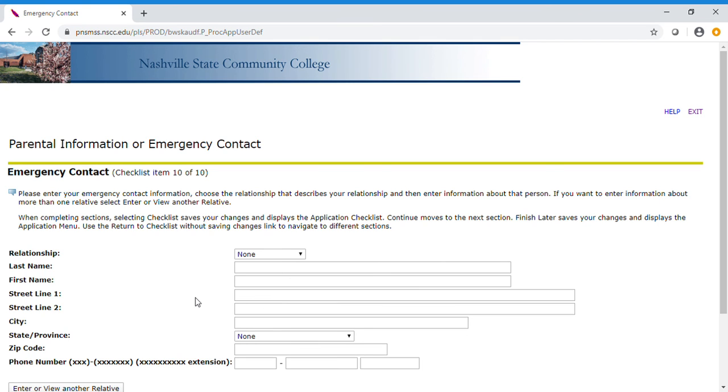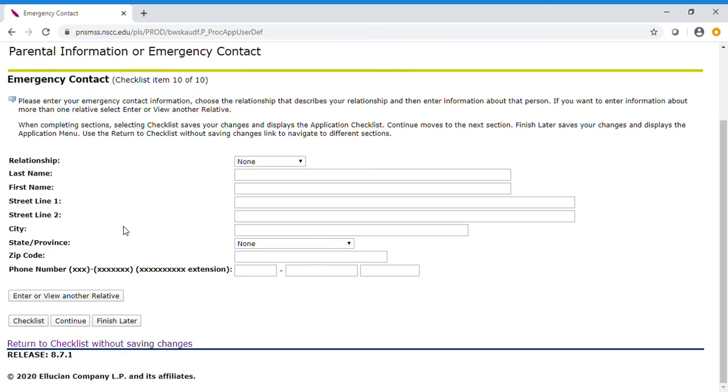Okay, emergency contact. So none of this has a red asterisk. It's not required. However, I really encourage you to fill it out. Namely because, let's say you fainted on campus and you were in the back of an ambulance on the way to the hospital.